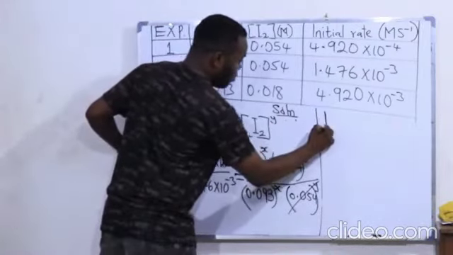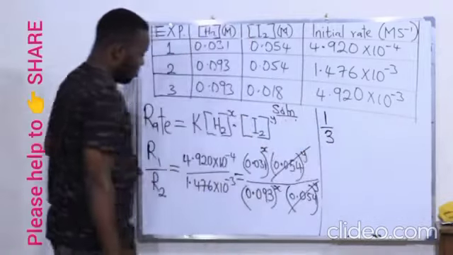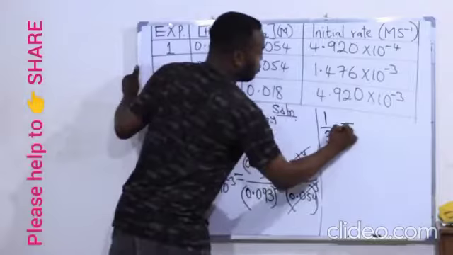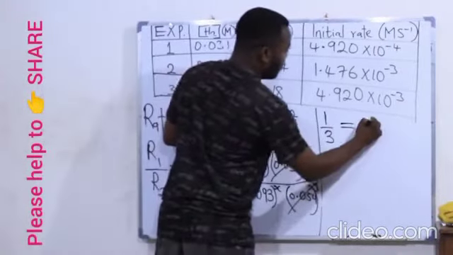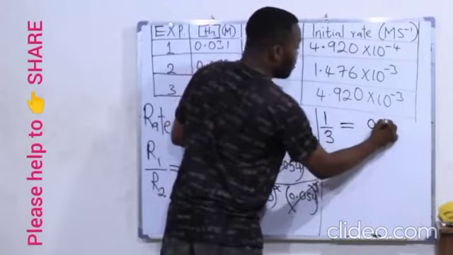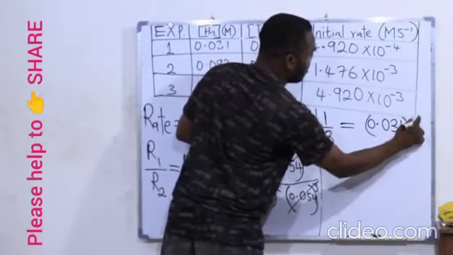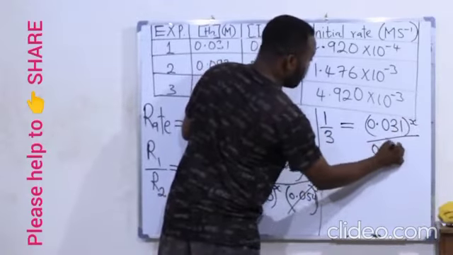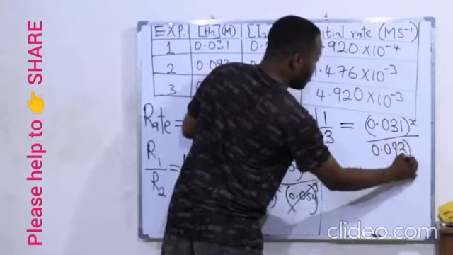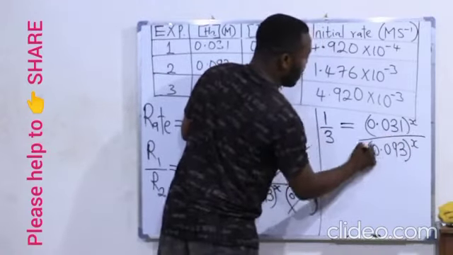That is 1 all over 3. Am I correct? Equal to, if I divide this, I will have here 0.031 power X, all divided by 0.093 power X. All I need to do now is to find my X.